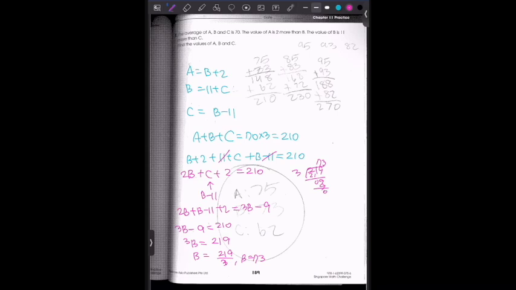And so since we know that b is 73, we can tell that a, which is b plus 2, is going to be 75. And c, which is b minus 11, is going to be 73 minus 11, which is 62. And so we can write our answer as a equals 75, b equals 73, and c equals 62.